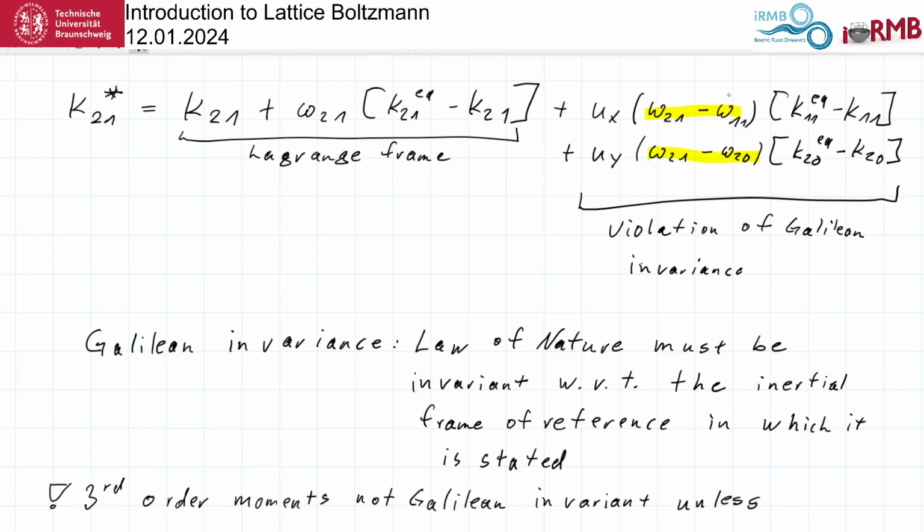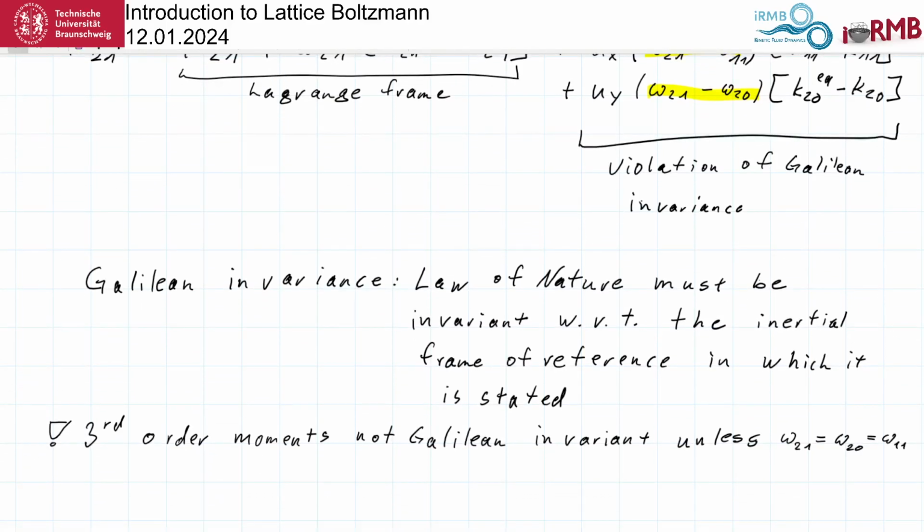Unless we do BGK, namely that omega 21 is equal to omega 20 is equal to omega 1. If they are all the same, then this problem will disappear. Yeah? So BGK doesn't have this problem. And we were hoping that MRT is better than BGK, but here it is not.